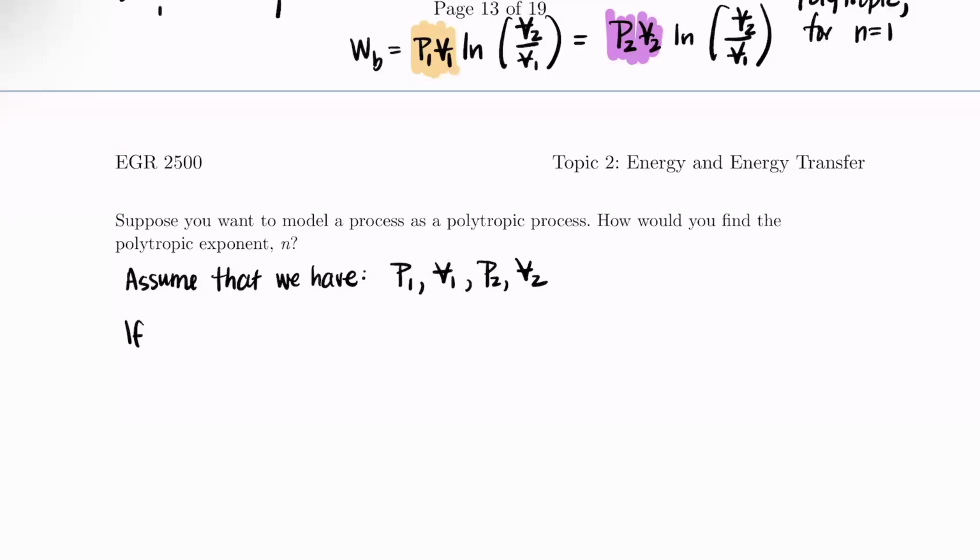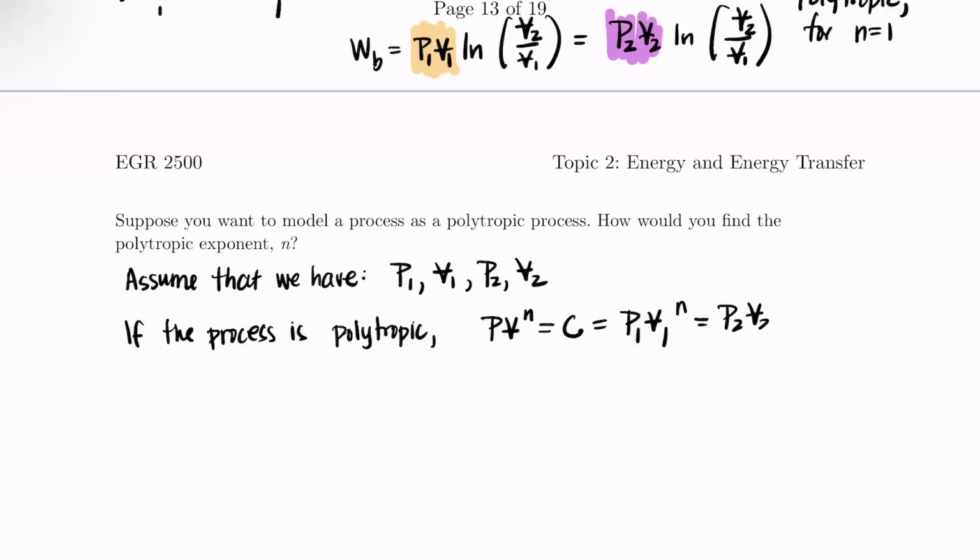So if the process is polytropic, we know that by definition, P times V to the n is equal to a constant. And we also know that this holds for both state 1 and state 2. So we have P1 times V1 raised to the n is equal to P2 V2 raised to the n.